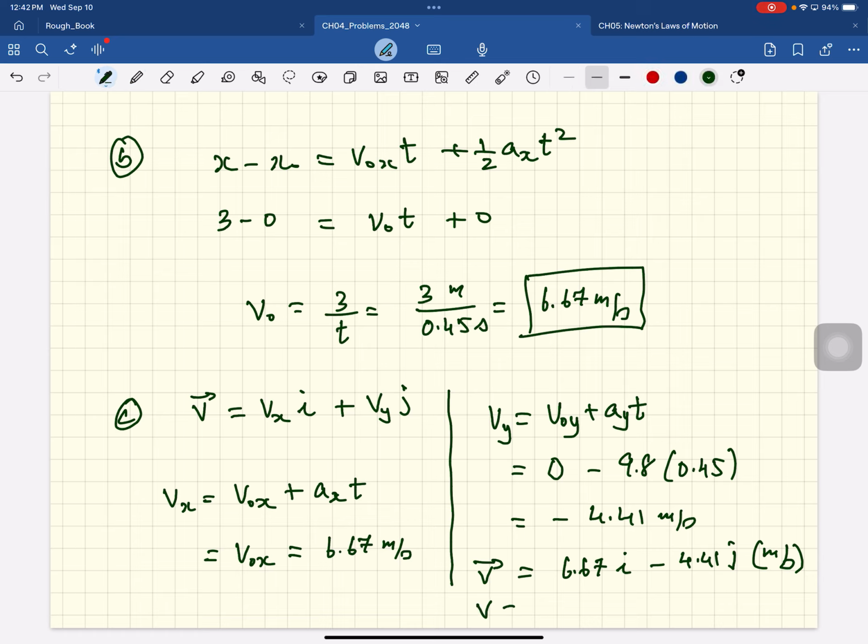You want the speed, so you want the magnitude of that vector. So 8 meters per second.